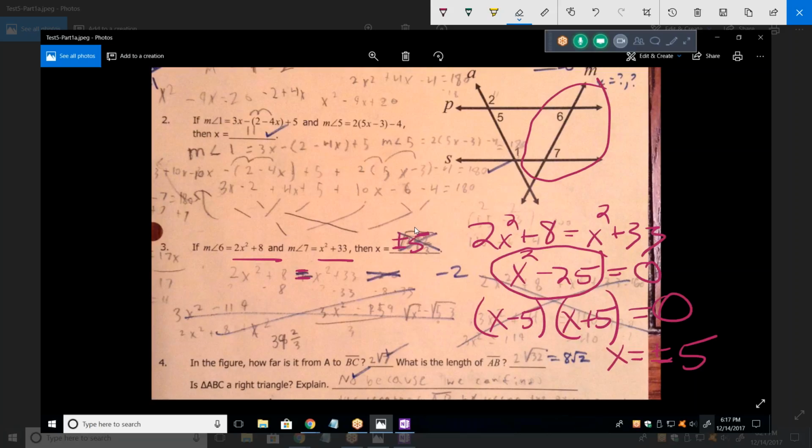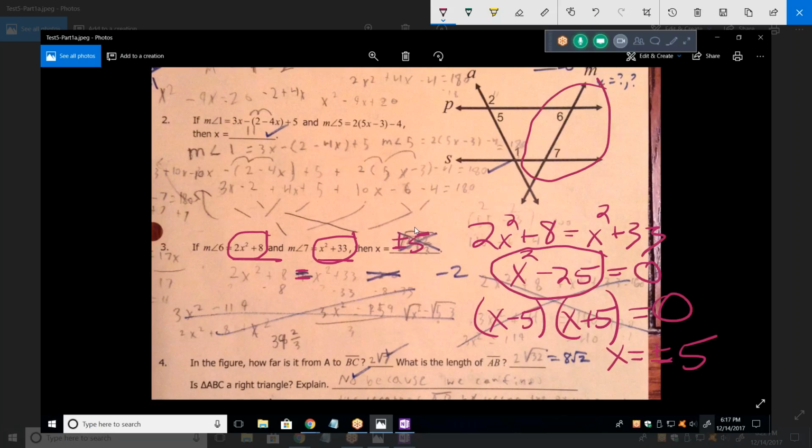It's asking about x. Angle 6 is this one right here. Notice that putting in a negative number for x, it squares, becomes positive, and you get a positive angle. Same thing here. So it's okay to have a negative value for x. You just cannot have negative values for angles or dimensions.